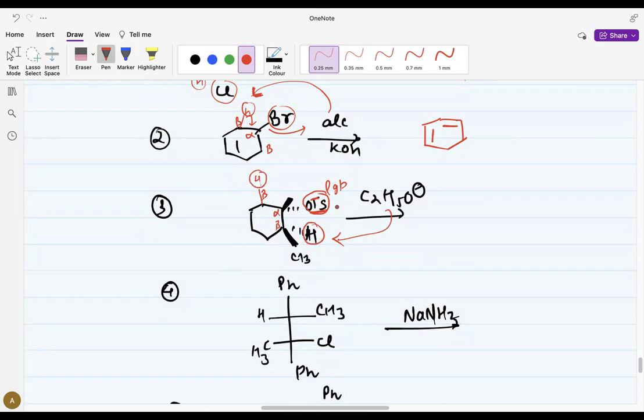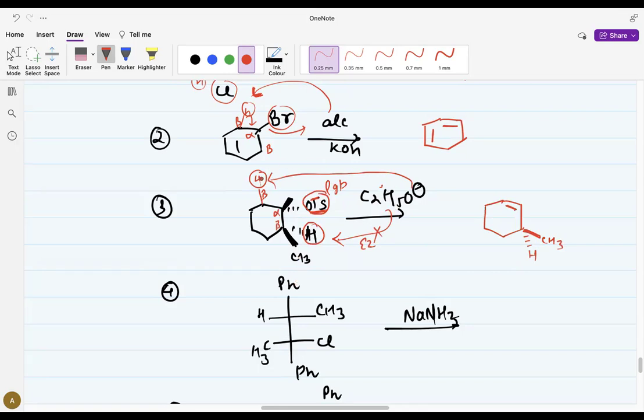But this hydrogen and this leaving group are on the same side. So we cannot do elimination here. We cannot take this one. So it will take this hydrogen and it will make this alkene as this.